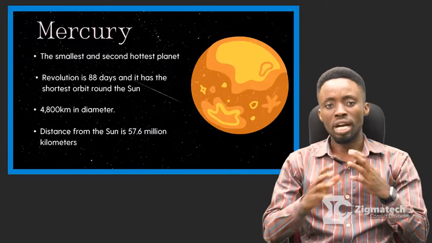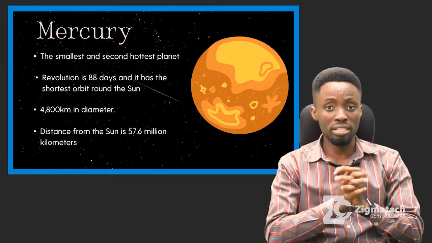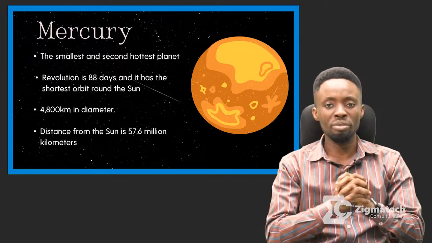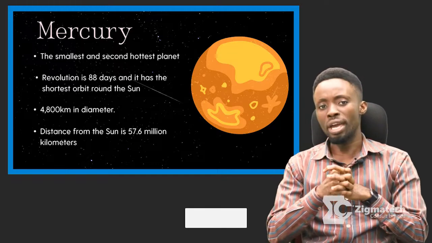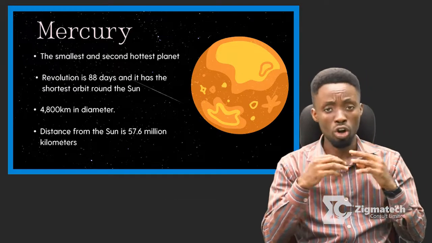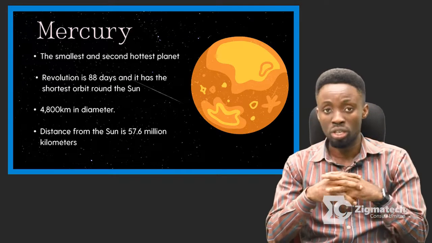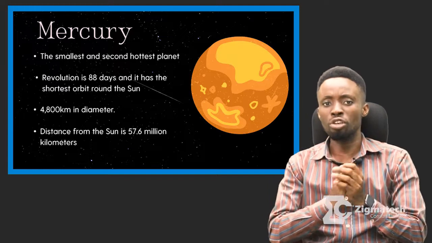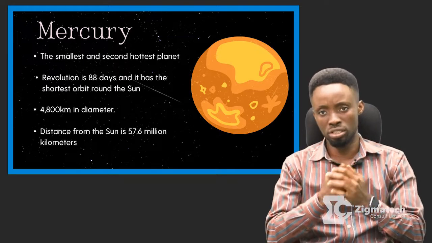So let's look at the first planet we have in our solar system, the first satellite planet to be precise. Now, the first planet is called Mercury. Mercury is actually the smallest and the second hottest planet, despite the fact that it is close to the sun. Now, Mercury's revolution takes about 88 Earth days.